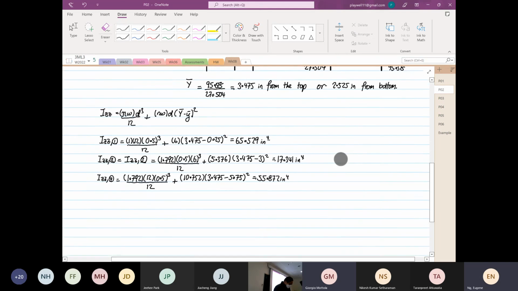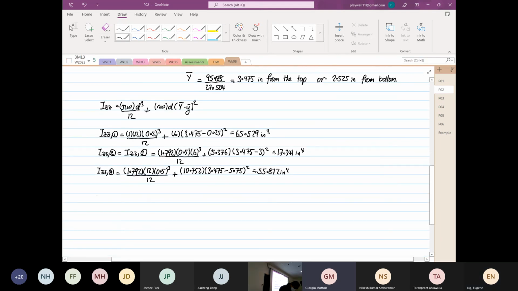Okay. So once you got this value, you find your IZZ, which is equal to 65.529 plus twice, okay, of 17.341 plus 55.872.